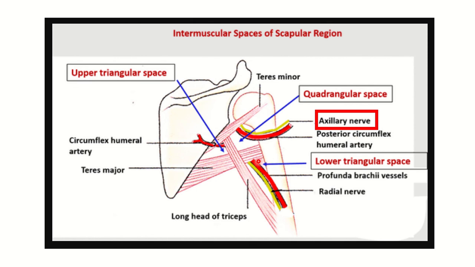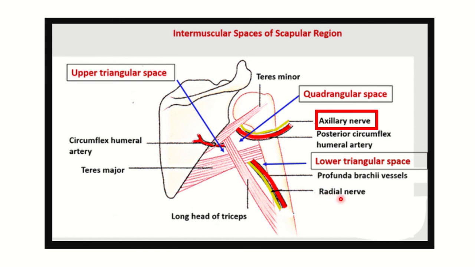And here we can see the lower triangular space. It is bounded medially by the triceps and laterally by the humerus. It is the fixed boundary of the two spaces, and the upper part is formed by the lower border of the teres major. And here also two important structures pass.